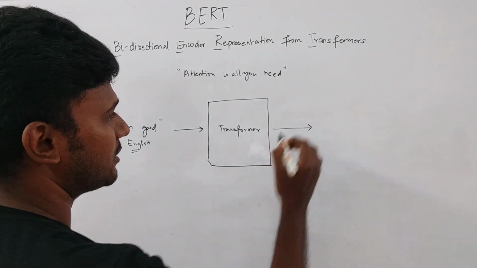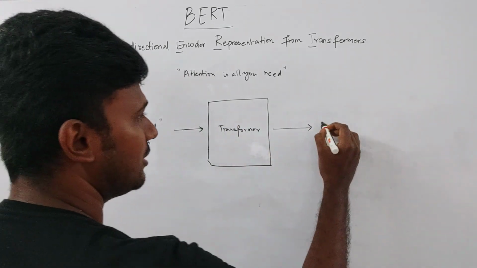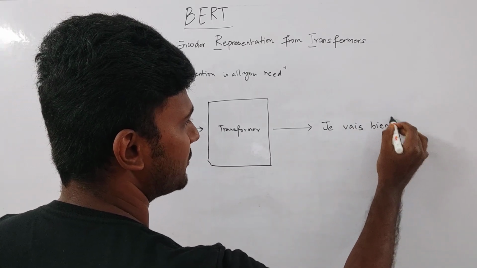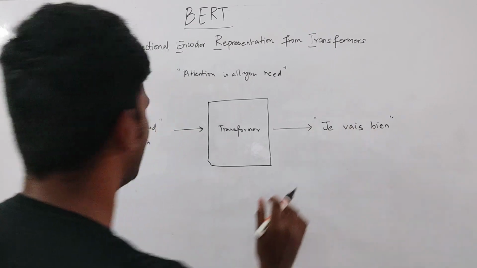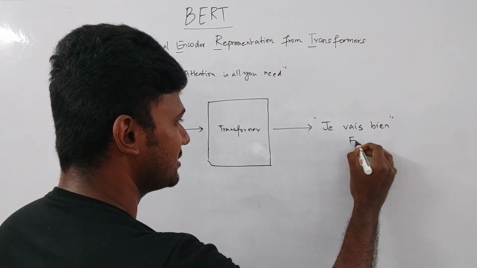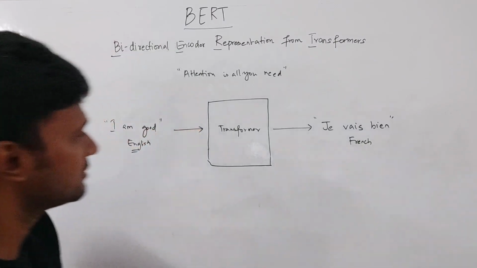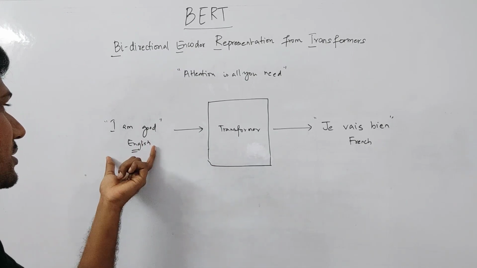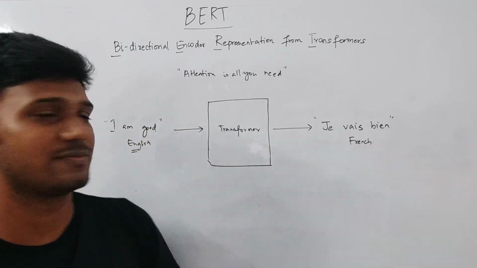And now this transformer outputs a French sentence. I'm sorry if I'm pronouncing this wrong because I don't know French. So this is what the transformers are capable of doing: converting this English sentence into this French sentence.